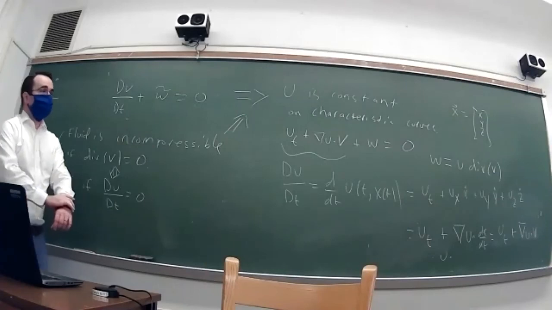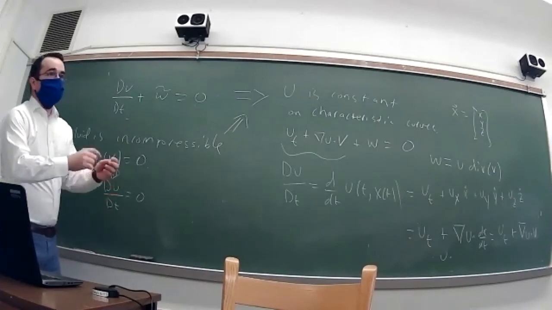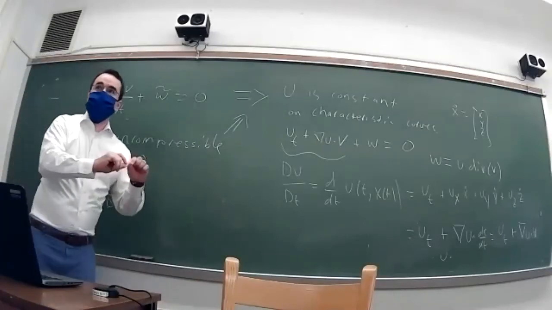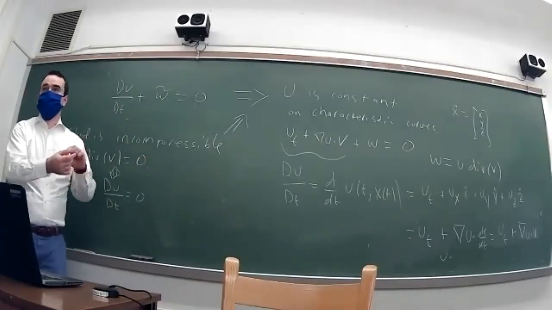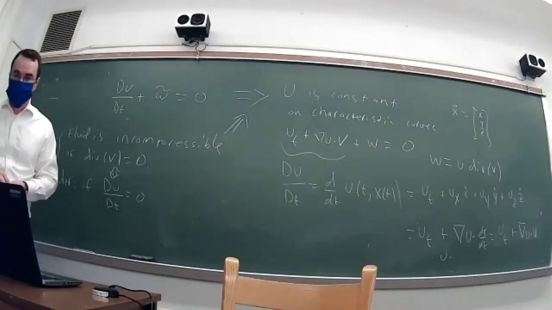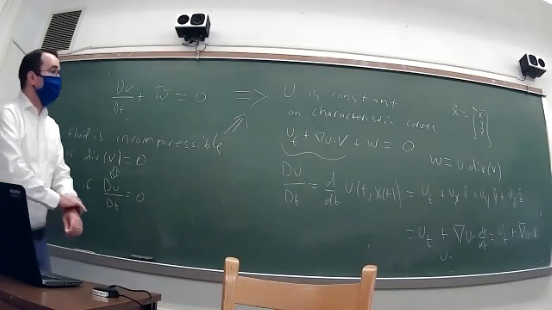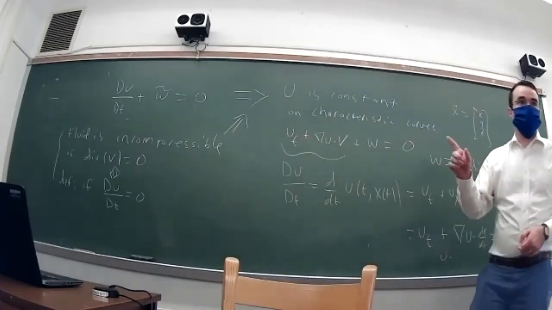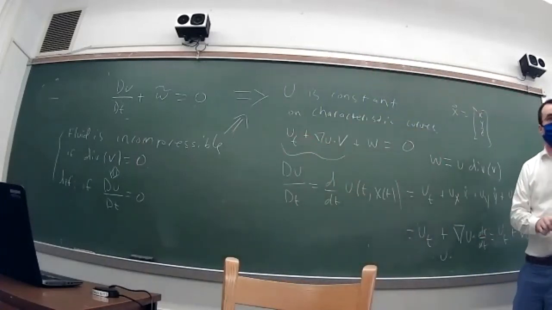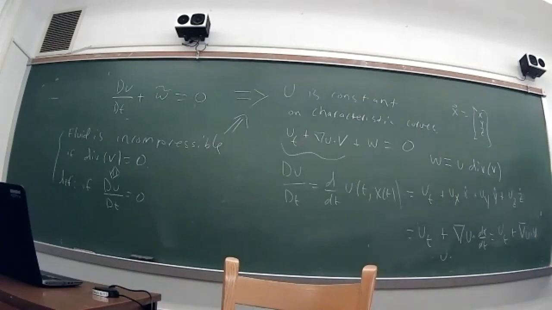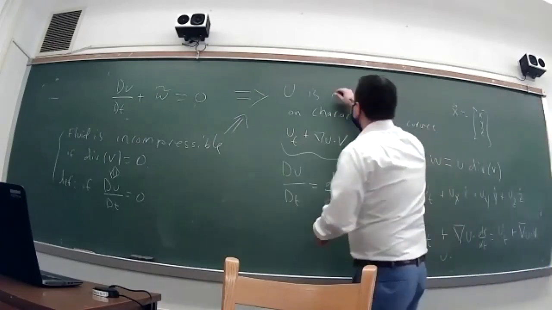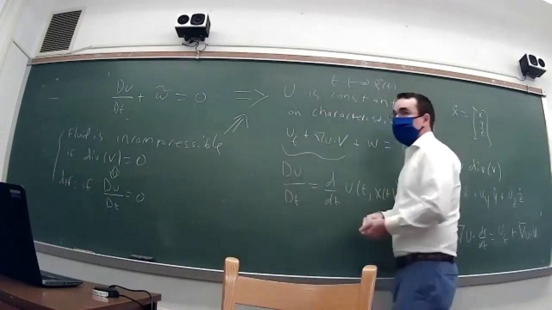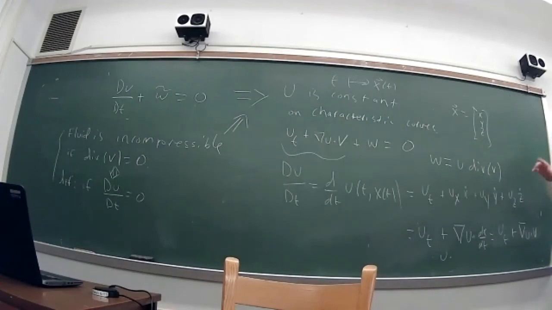So for incompressible fluids, the density has no choice but to remain constant on those characteristic curves. What's the definition of a characteristic curve? A characteristic curve is a solution to the equation dx dt equals v. So a characteristic curve is this function, t gets sent to x of t, and it solves dx dt equals v.